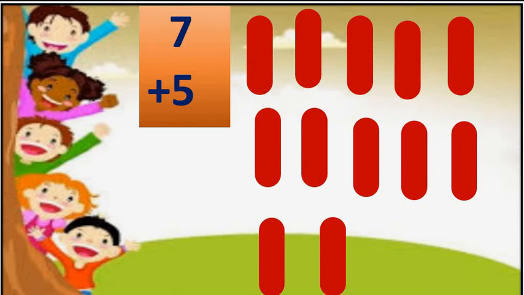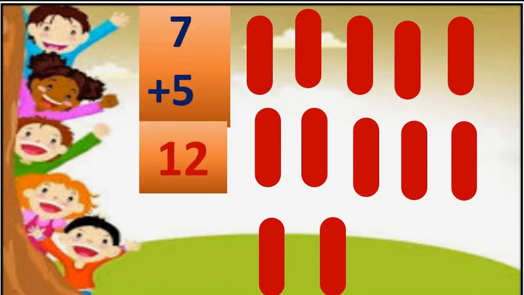Now see how many objects are all together. 1, 2, 3, 4, 5, 6, 7, 8, 9, 10, 11, 12. 7 plus 5 is equal to 12. Completed? Now move towards next sum.